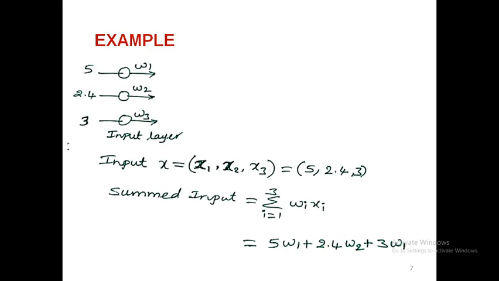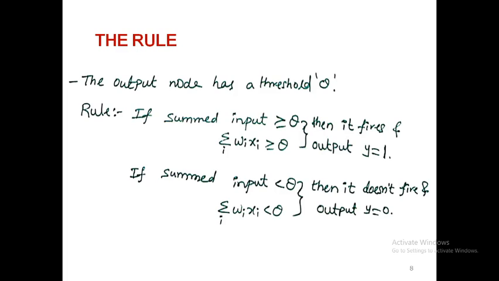If theta is equal to 2, the summed input should be greater than that 2. In such a manner, we need to adjust the corresponding weights if we want to fire the corresponding neuron.